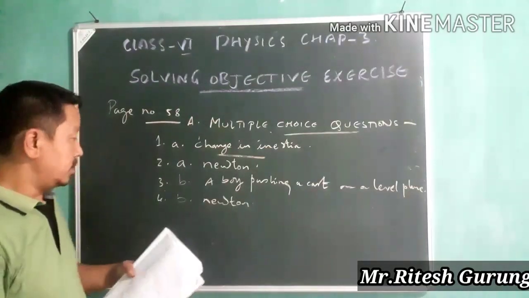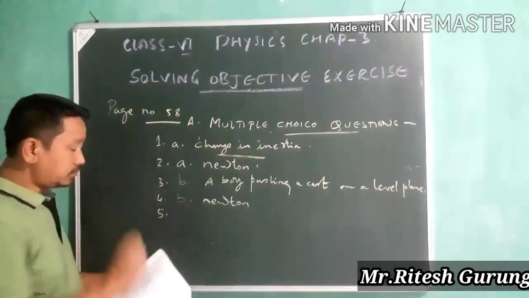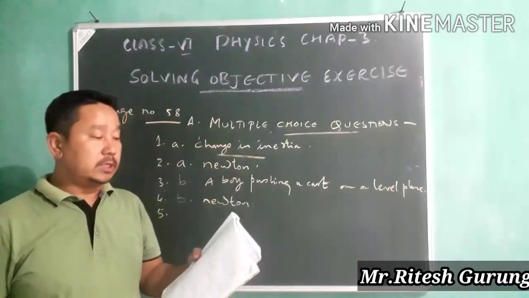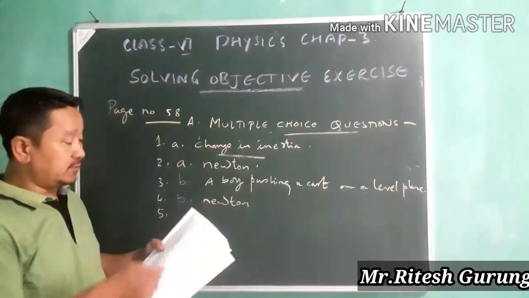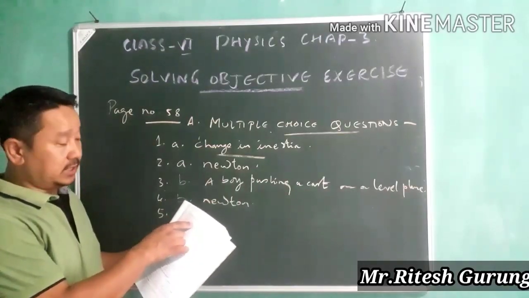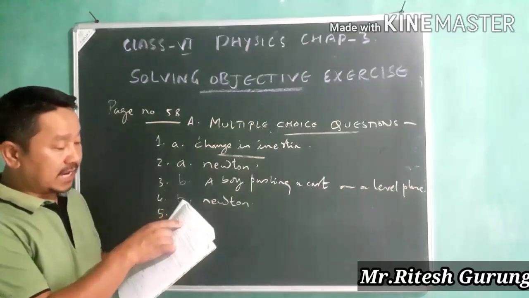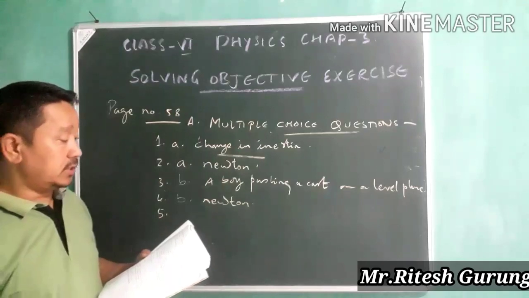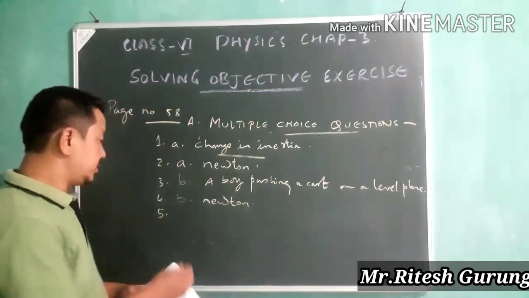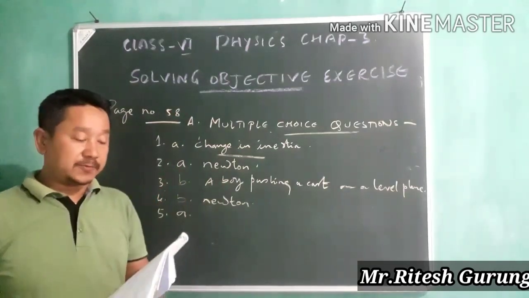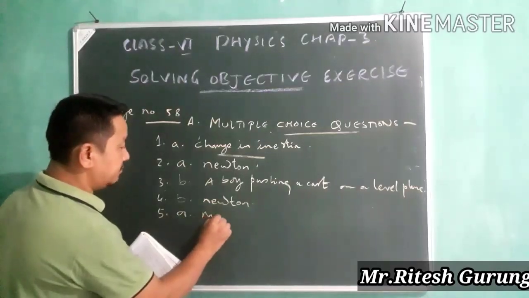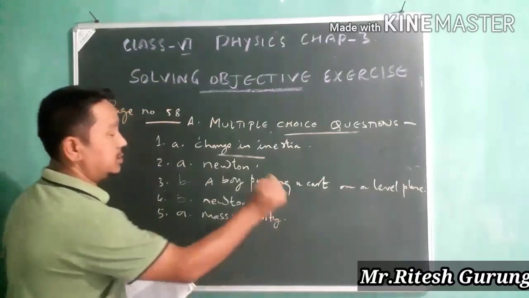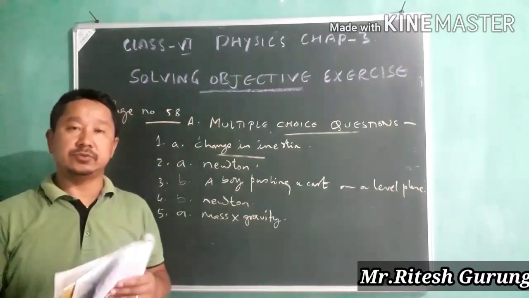Then we have 5. The weight of a body equals what? Mass into gravity, mass by gravity, gravity by mass, none of these. The weight of a body equals option A, that is mass into gravity.